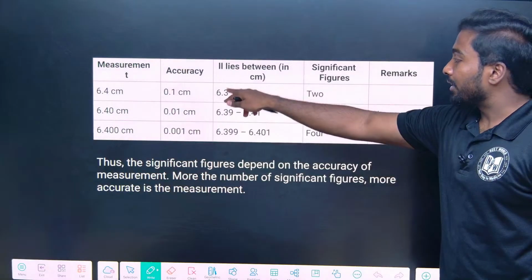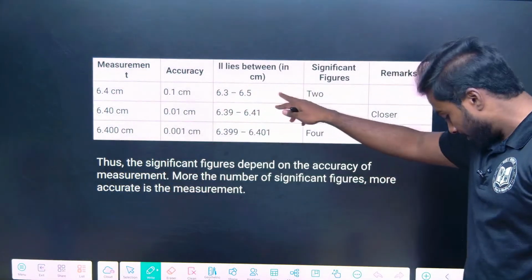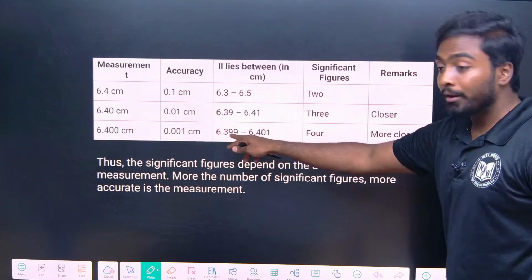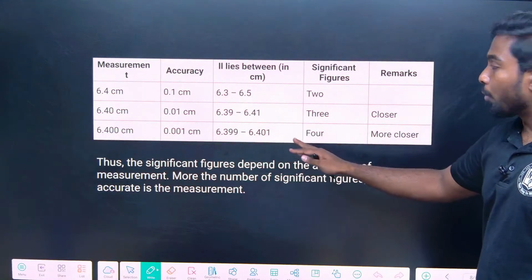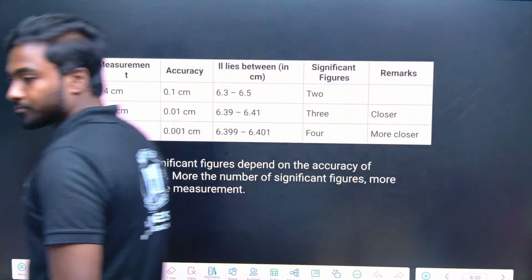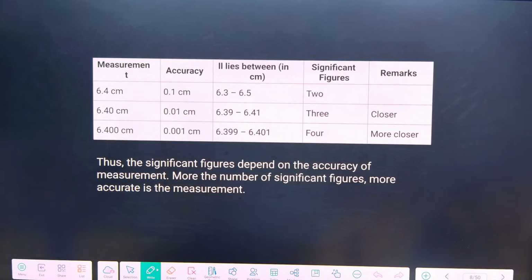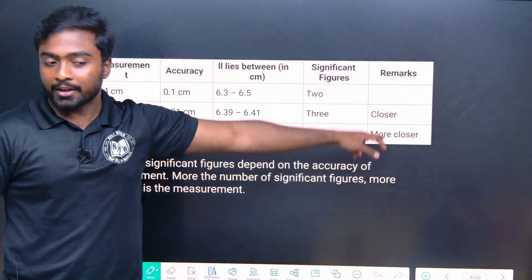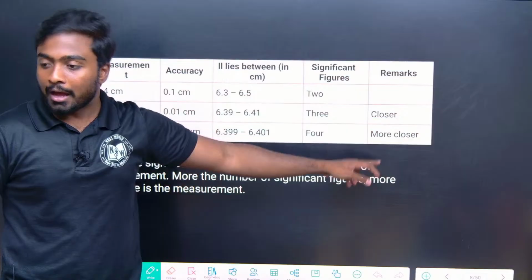So the number lies between 6.3 and 6.5, here 6.39 and 6.41, 6.399 and 6.401. If I see the significant figures, how many are there? 2, 3, 4. So when significant figures are increasing, accuracy is increasing.